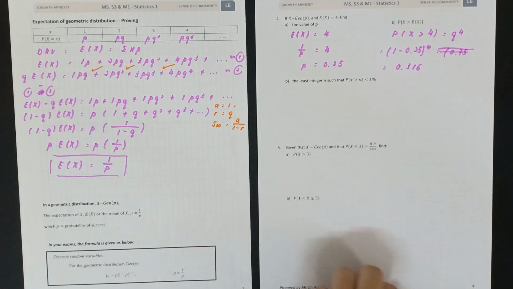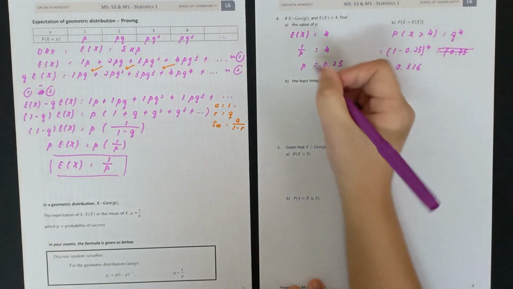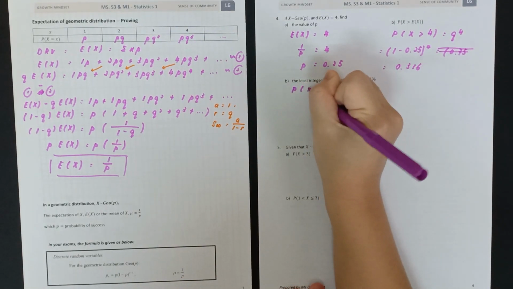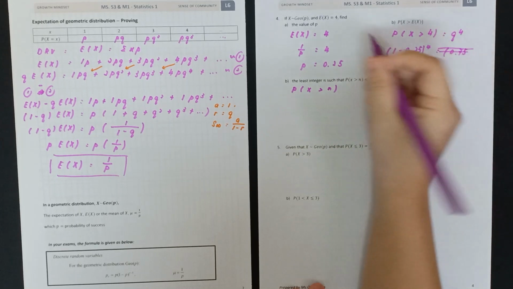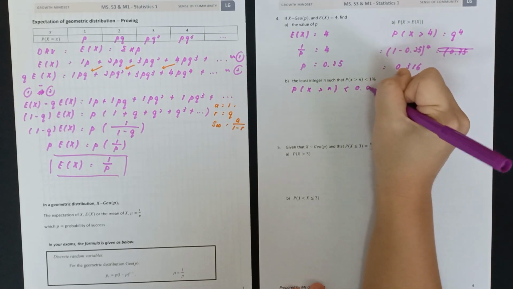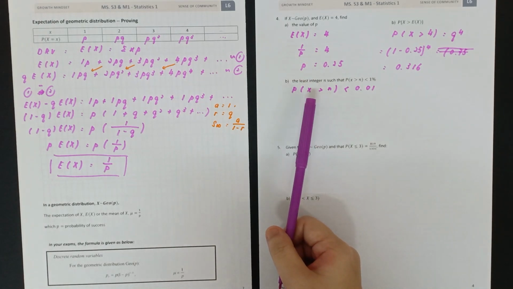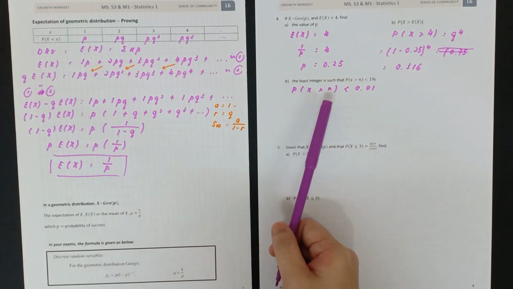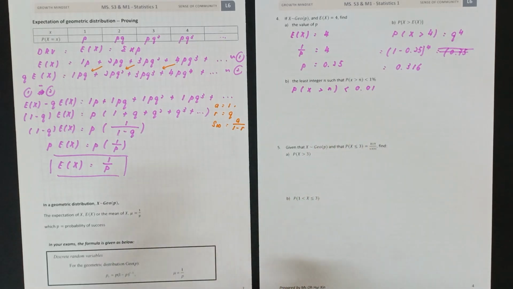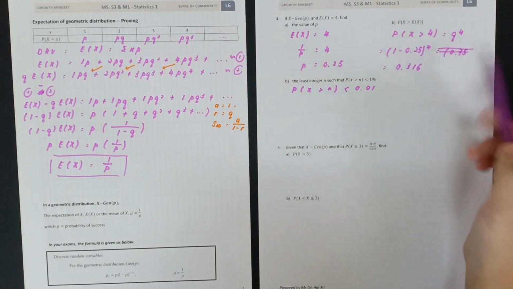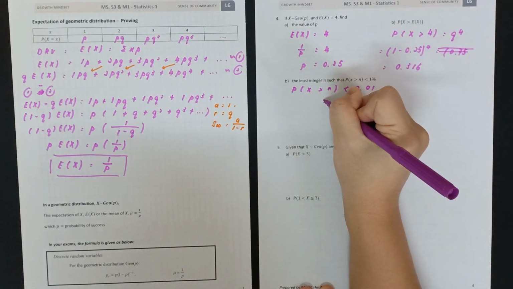Okay, so you will be able to get 0.316. Okay, so B, the least integer n such that P(X greater than n) is smaller than 1%. Let's try to rewrite this first. The probability for X greater than n is smaller than 1%, meaning 0.01. If you still remember the last lesson, this is basically the same, so I can always change it to Q^n.